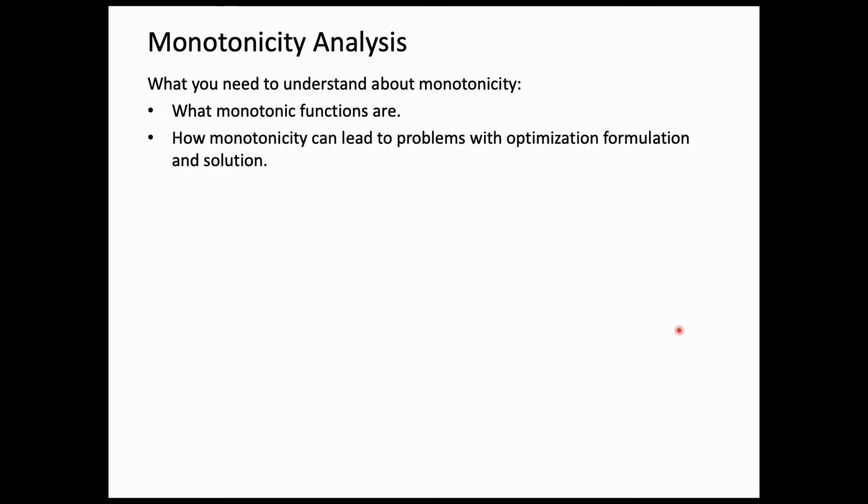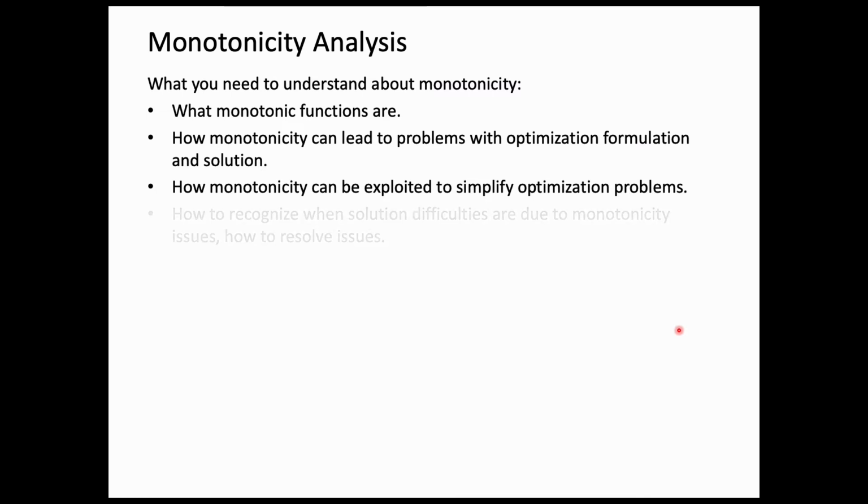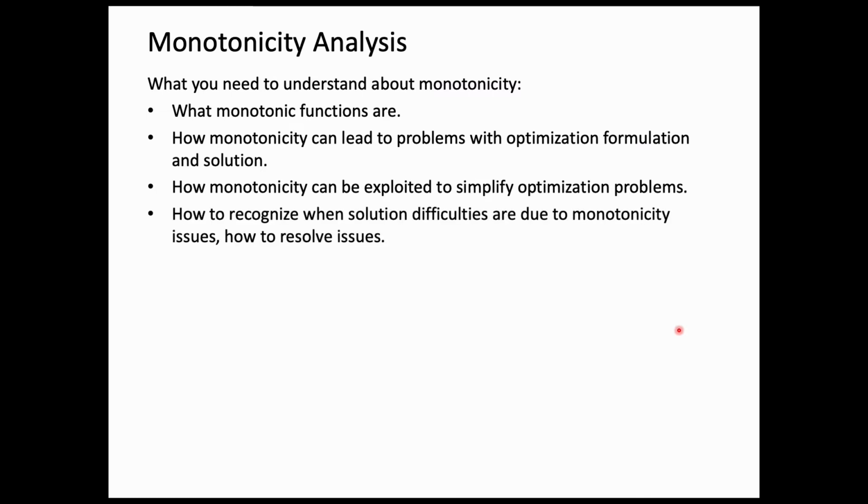How monotonic relationships can actually lead to a range of different problems with optimization, formulation, and solution. How the presence of monotonicity can actually be exploited to simplify optimization problems. How to recognize when solution difficulties are due to monotonicity issues, and how to resolve these issues.